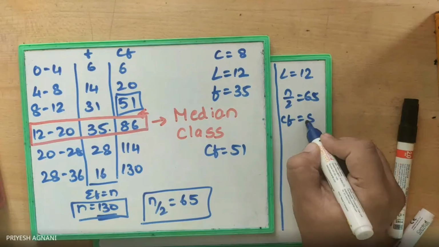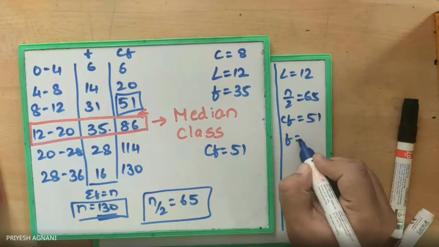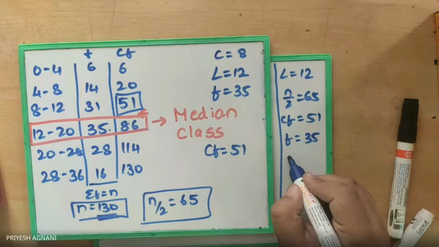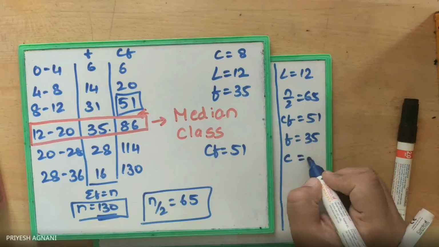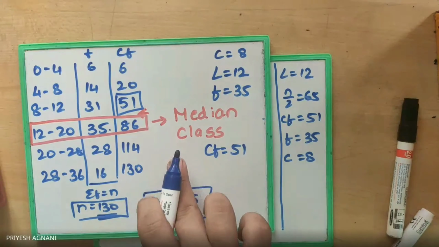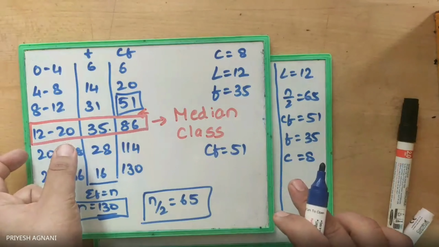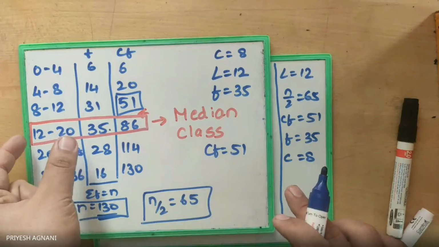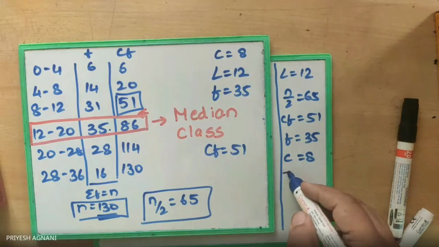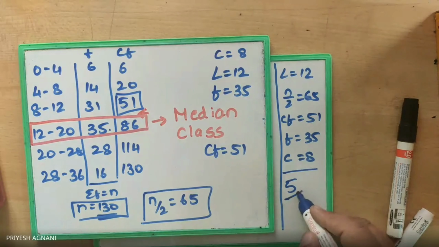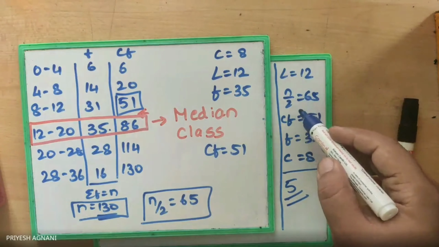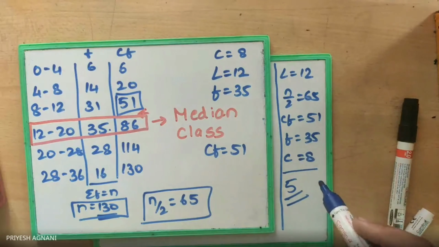CF is equal to 51, F is equal to 35, and class length is equal to 8. Make sure that when you take the median class, you take the class length of that particular class only. Don't look above or below, look only at that one. So these are the 5 things: L, n by 2, CF, F, and class length.